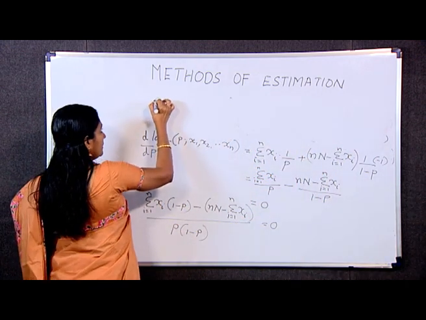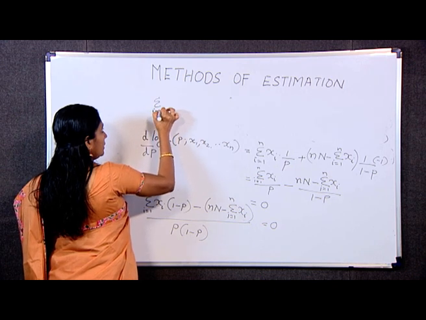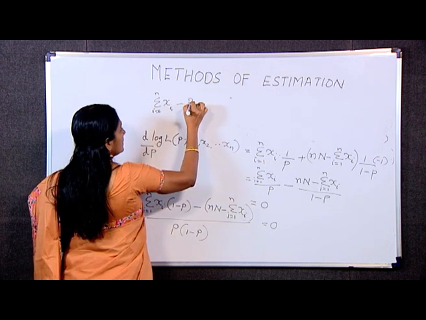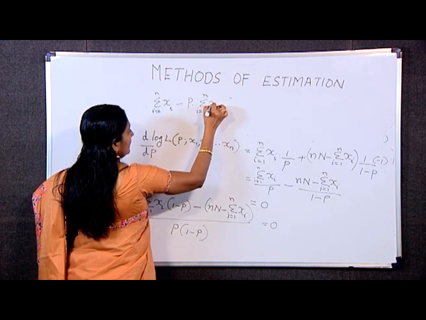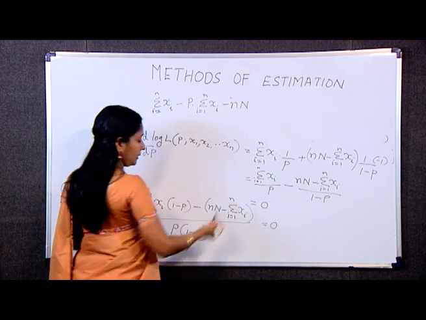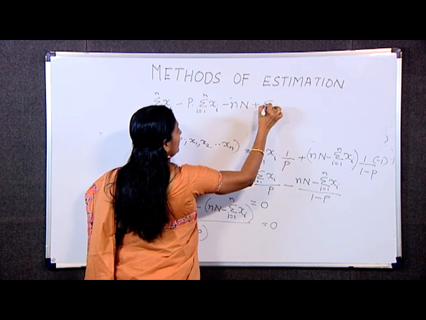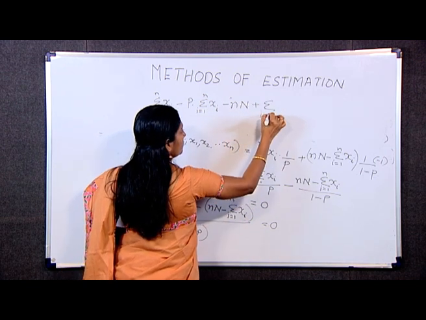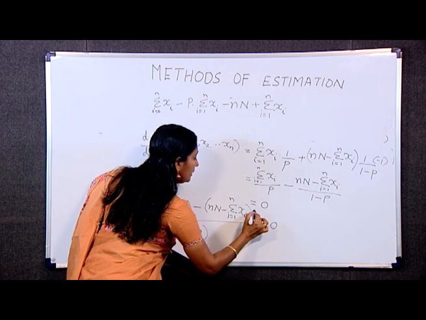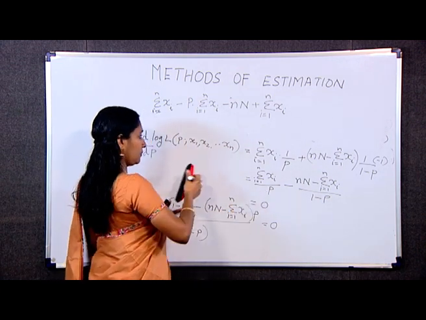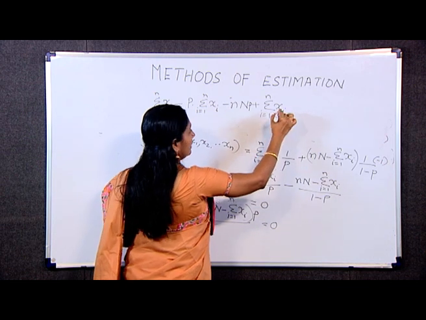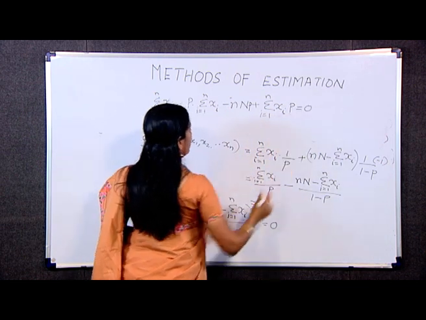Solving this, we get summation i equal to 1 to n xi minus p into summation xi, minus nN plus p into summation xi, is equal to 0.